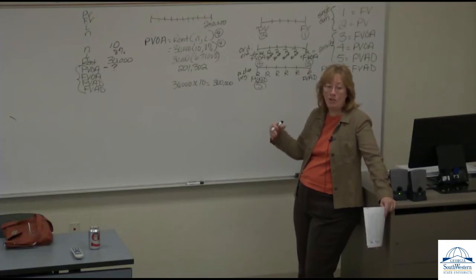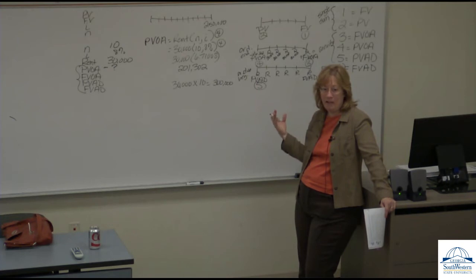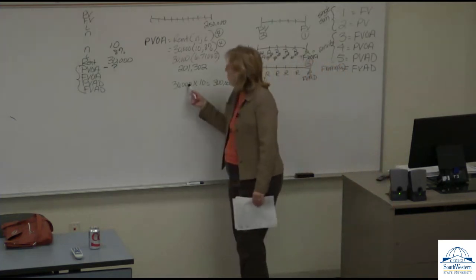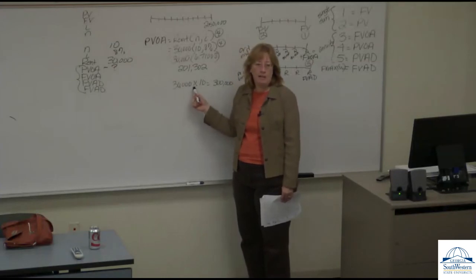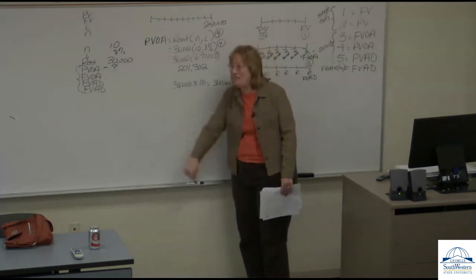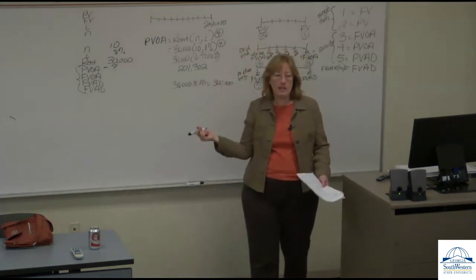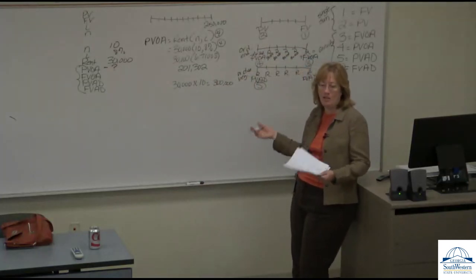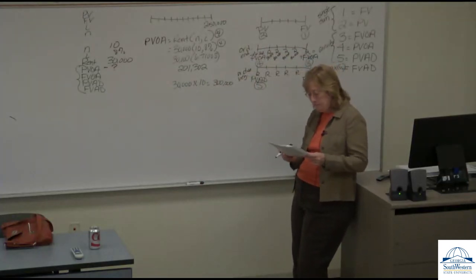How much money do you need in the bank today to take out 30,000 a year, right? It's a real important question. And what should he do then if he thinks he might live 12 years? Work a little while more, right? Put more money in the fund. If he doesn't have 200,000 saved up at this time, and he thinks he might live more than 10 years, he should keep working, okay?